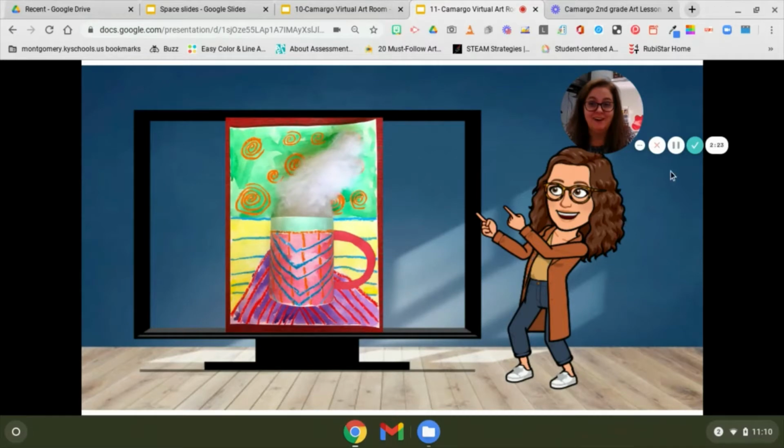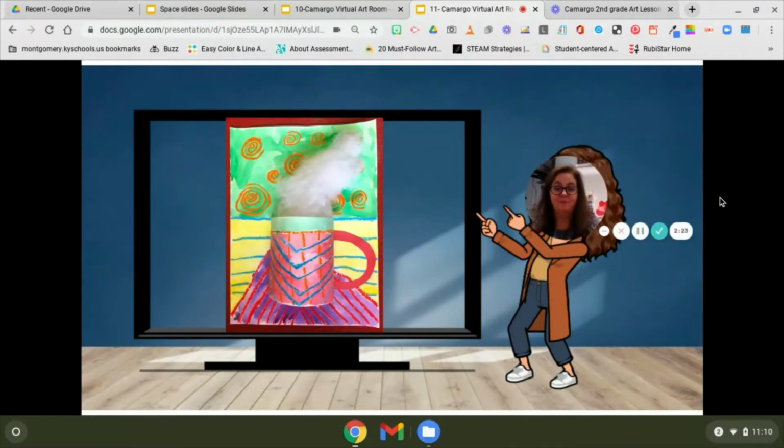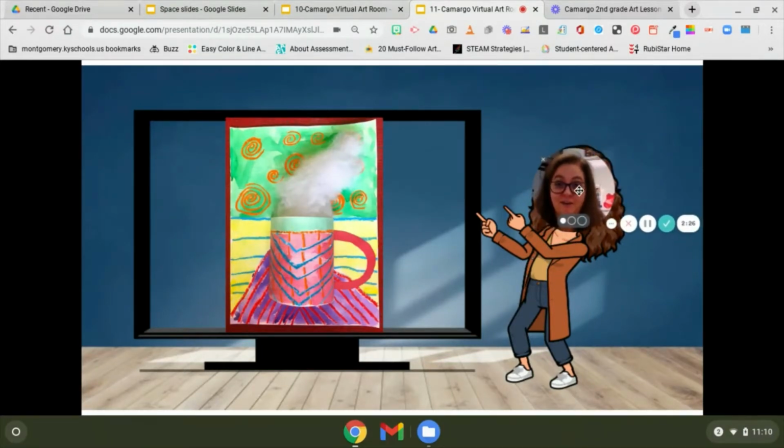We will often be drinking cocoa if we come in from where it's cold. I would love to have a big hot cup of cocoa when I come in out of the cold. So we're going to create this background, and then the 3-dimensional part is actually the mug. It's actually coming off the page, and the smoke that's coming out is also 3-dimensional.